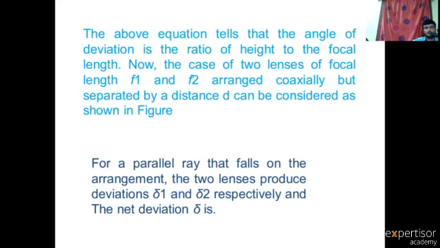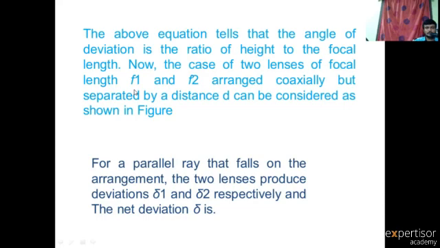Now, the case of two lenses of focal lengths f1 and f2 arranged coaxially but separated by a distance t can be considered as shown in the figure. This figure I will show in the next slides.